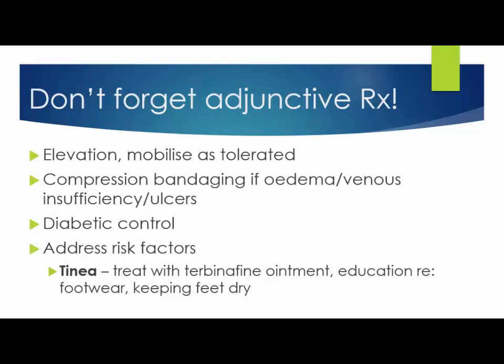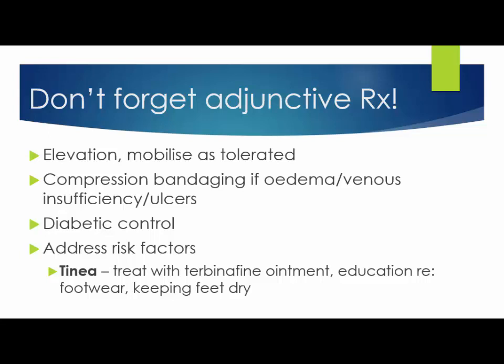So the next slide's really important, and I think it's something that we don't do very well in hospital as a whole. And it's all of the adjunctive treatment that's so important for cellulitis, and often if these things are done in hospital, they're probably more contributory to why they got better versus why they didn't improve with the GP course of oral fluclox.